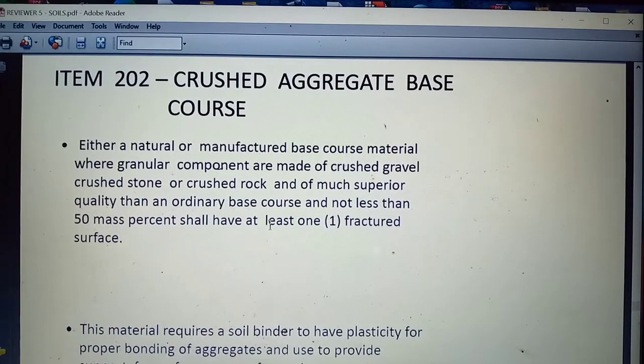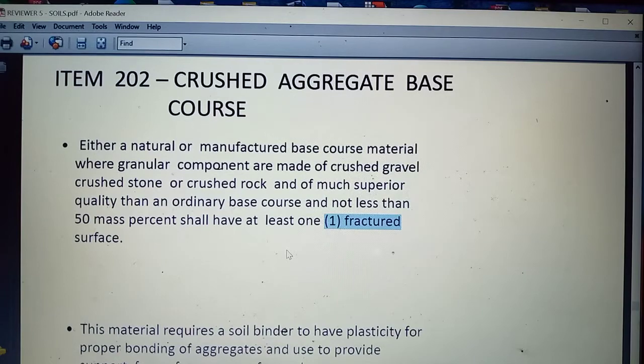Yun yung kaibahan ni, okay? Yan yung additional na requirement, okay? Ni crushed aggregate base course.